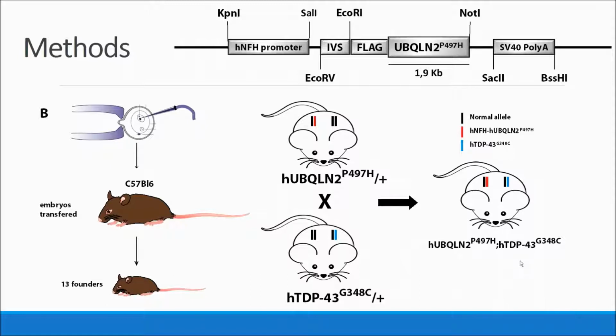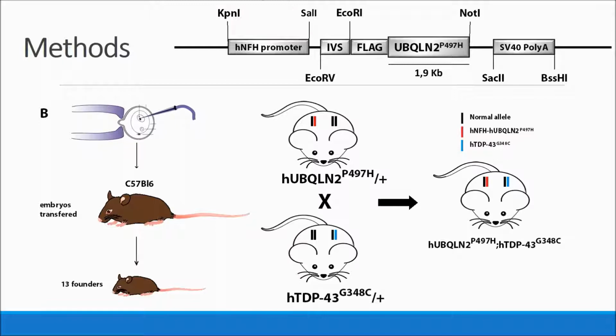So in front of these results, we decided to generate a new model, to ameliorate our model, to have a better model to test therapeutic approaches and to study the mechanism underlying the pathology.